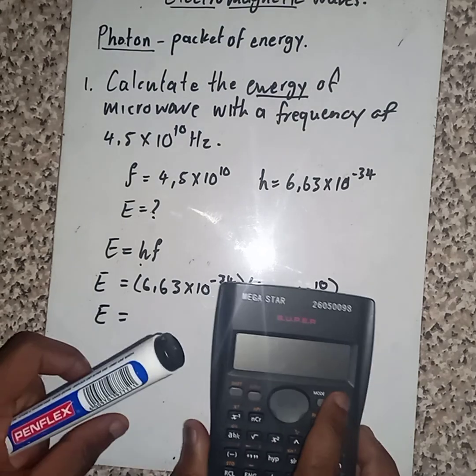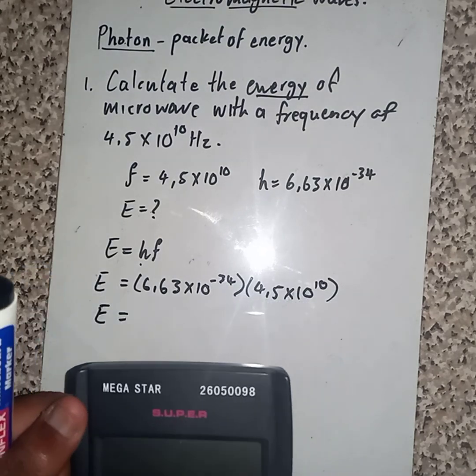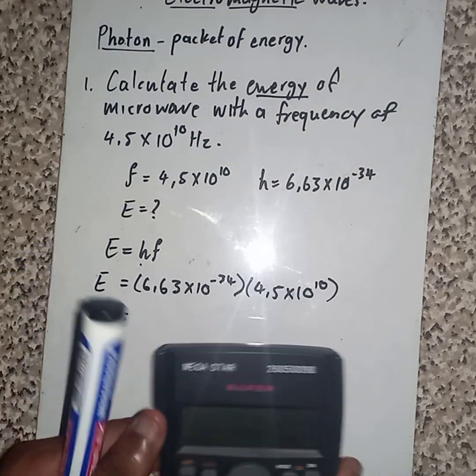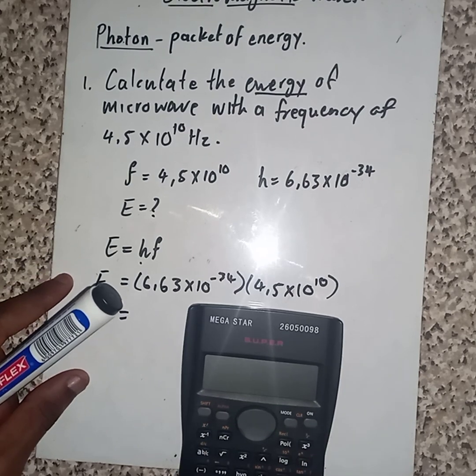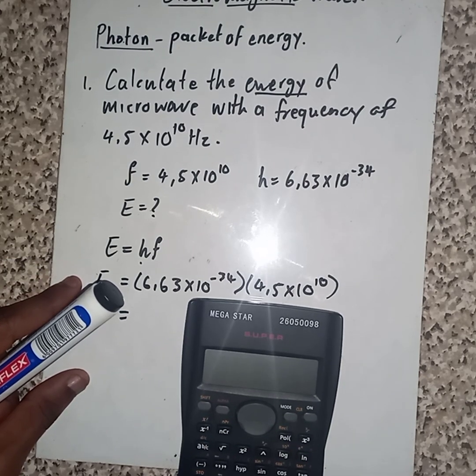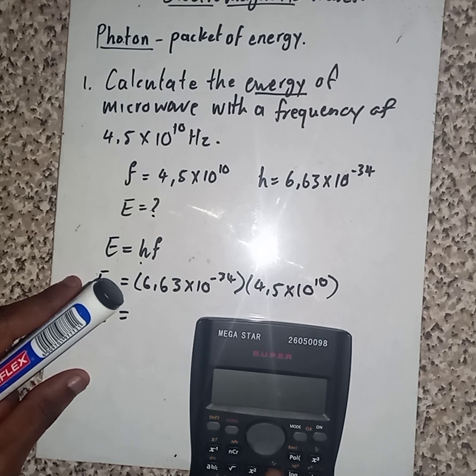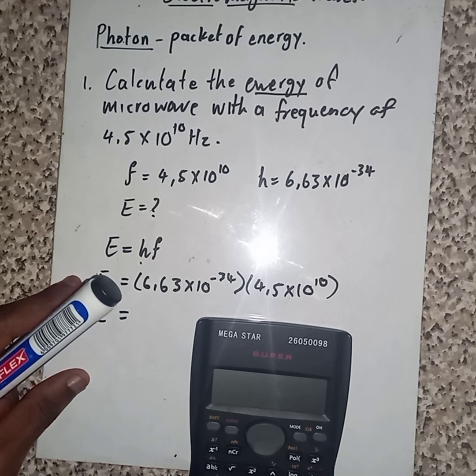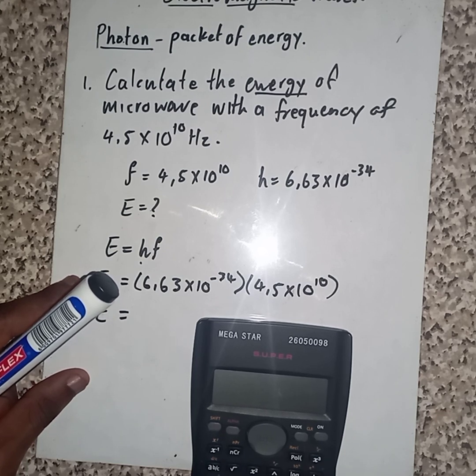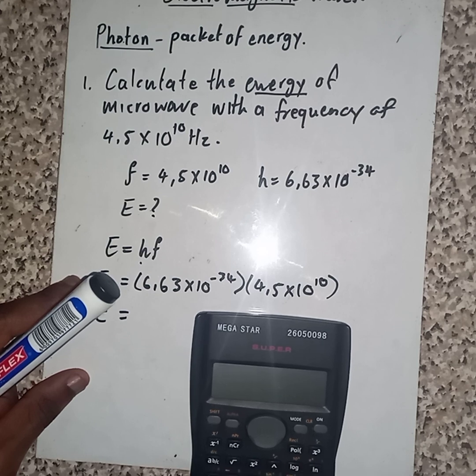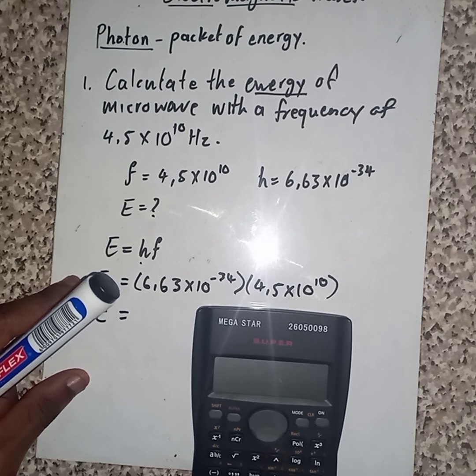I don't have a Casio, I have this one, but let's see. We have 6.63 times 10 to the negative 34, times 4.5 times 10 to the power 10.